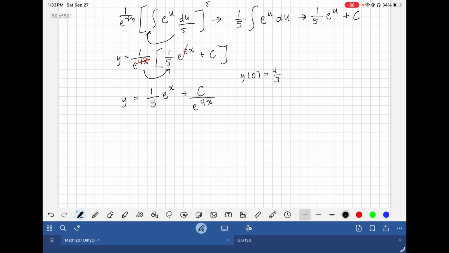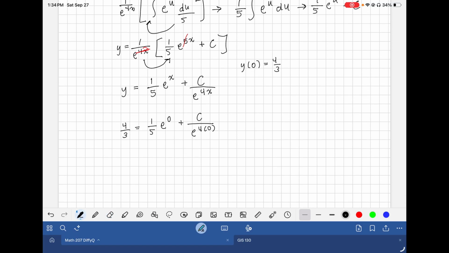All right, so now if we plug in those numbers, that's going to be 4/3 equals 1/5 e to the 0 plus C over e to the 4 times 0. And so e to the 0 is just going to equal 1, so we're just going to have 1/5 plus C over 1 equals 4/3.